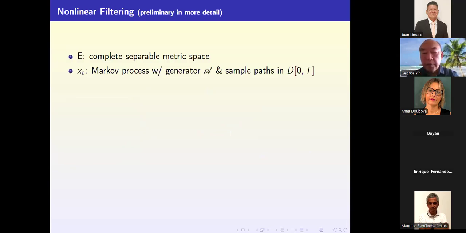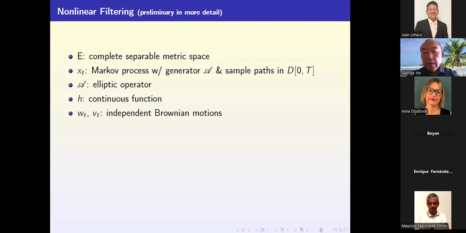X, the state, is a Markov process, and it lives in the space D of functions that are right continuous with left-hand limits, with the Skorokhod topology. We have script A, the elliptic operator, and h is a nonlinear function.